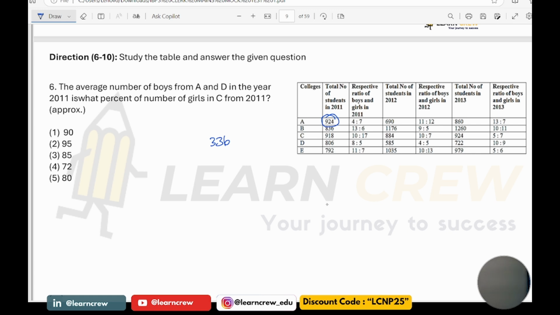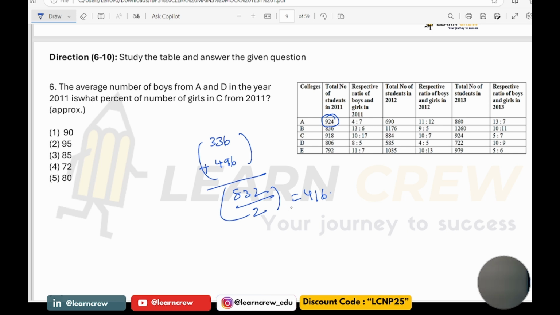in the year 2011, 13 parts is 806. So 8 parts would be 496. So 336 plus 496, which is how much? It is 832. Average means divide by 2, which is 416.